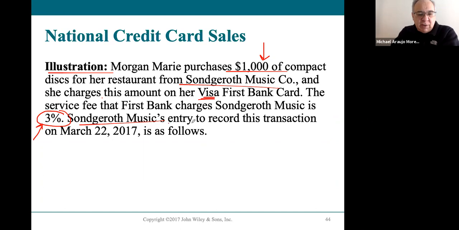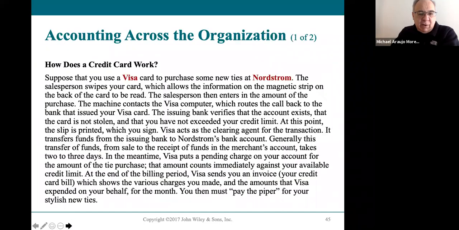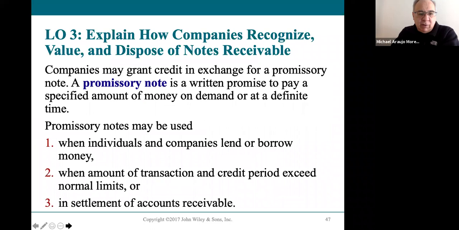So what does their entry look like? Well, the entry is they're going to show they sold $1,000 worth of music, but they're going to show they received only $970 of that in cash because they have incurred an expense, 3%, $30, to use the Visa network to get their cash. Okay? So that's basically how all that works. No big deal.